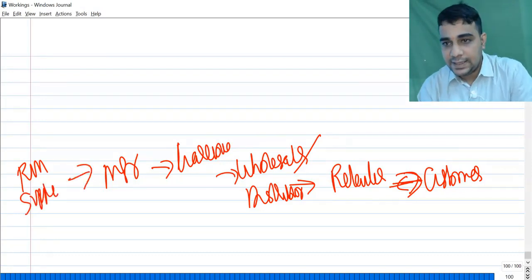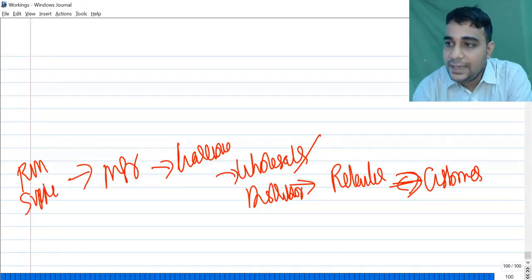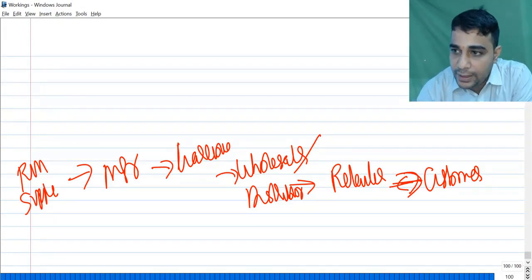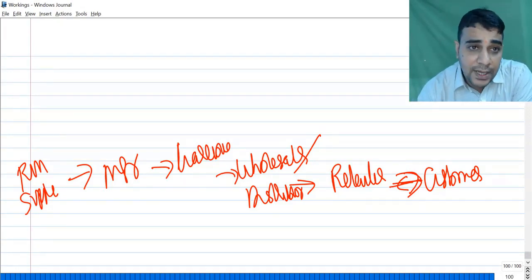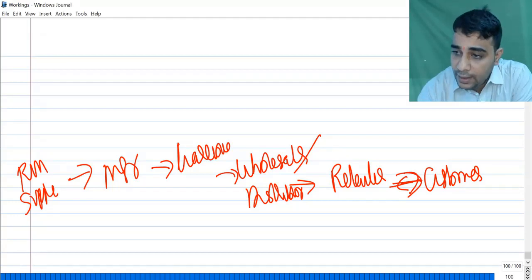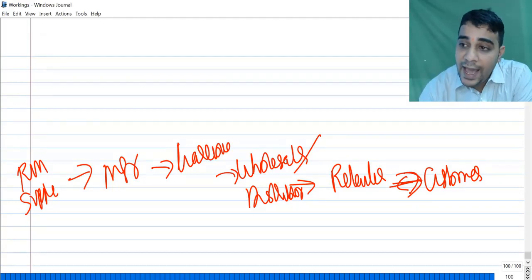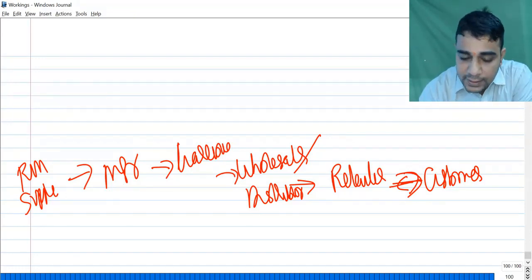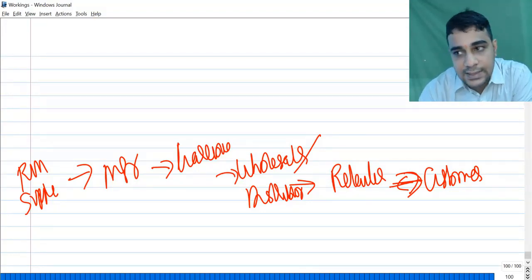Supply chain basically includes the raw material supplier who supplies the raw material to the company, the manufacturer who converts the raw material into a finished product, and the warehouse where the product is stored. From the warehouse, it goes to the wholesaler or distributor who distributes the product, the retailer who makes the product available to the end customer, and the customer who buys the product.